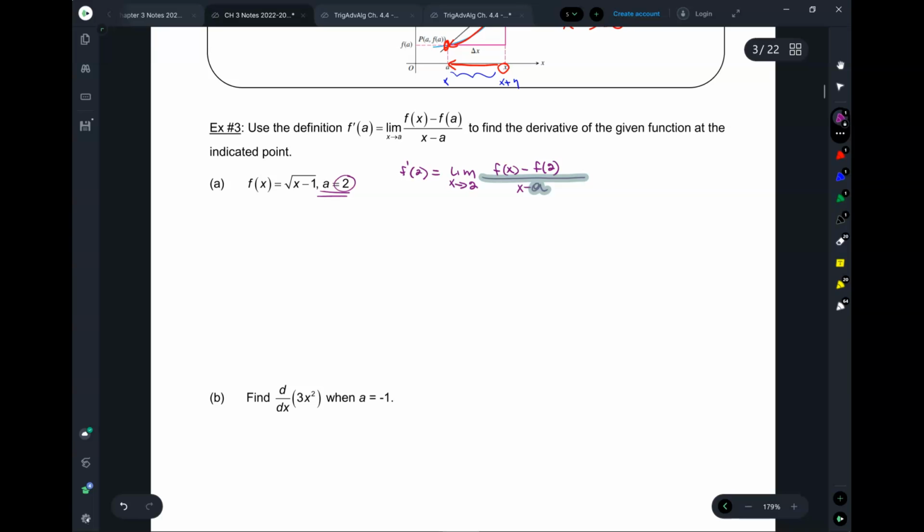So, now I want to erase for some reason. Okay. So now this is the limit as x approaches 2. f of x is just this, root x minus 1, minus f of 2, which is the square root of 2 minus 1, all over x minus 2.